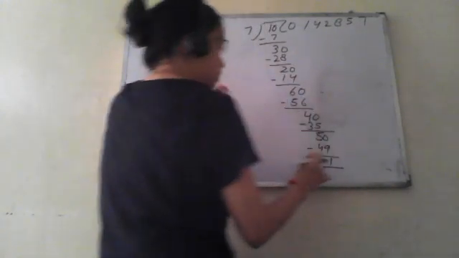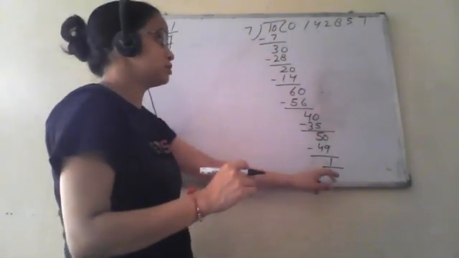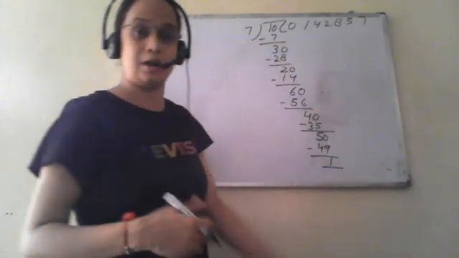And here it is 7. And this is 1. So at this point the remainder was also 1. So from this onward it will start repeating itself.